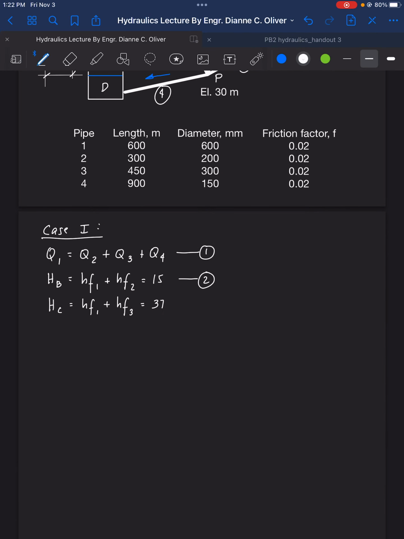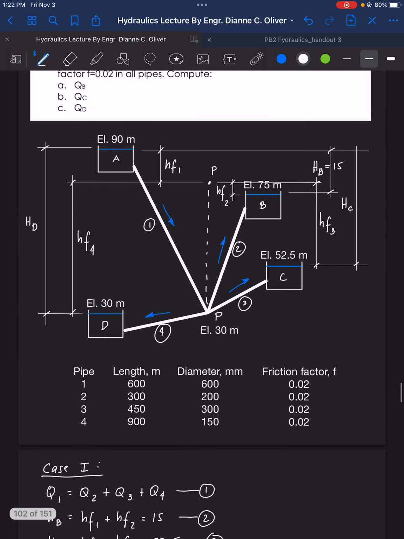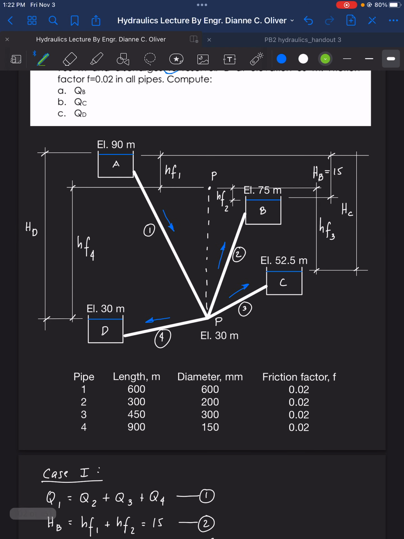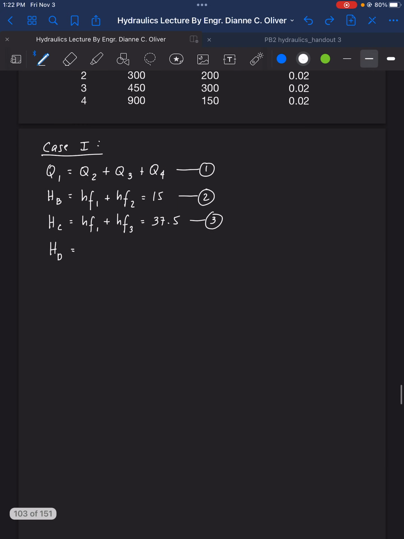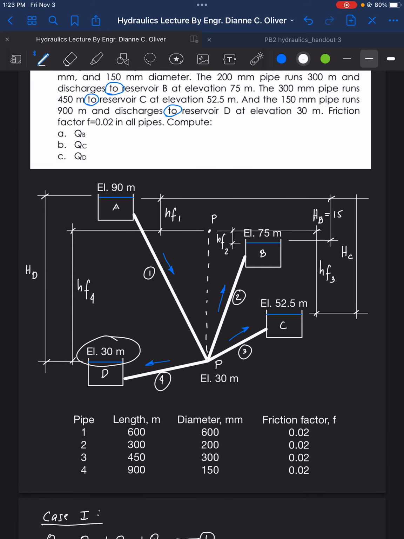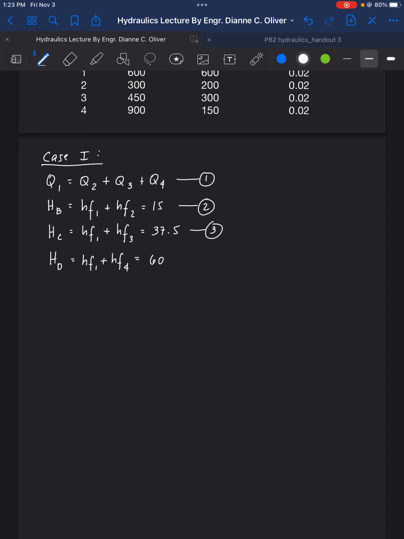So this is 37.5, equation number 3. Next, we have HD. So our HD here is HF1 plus HF4. So HF1 plus HF4 is equal to, since given the elevation of D, 90 minus 30, that is equal to 60. So that is equation number 4.